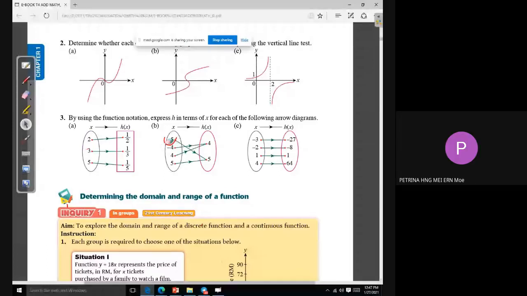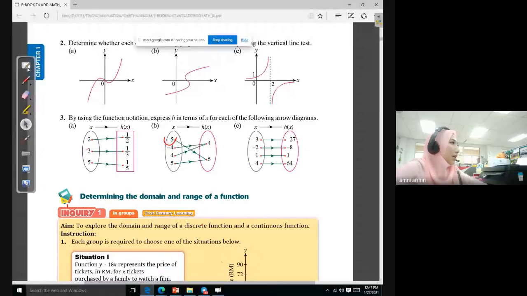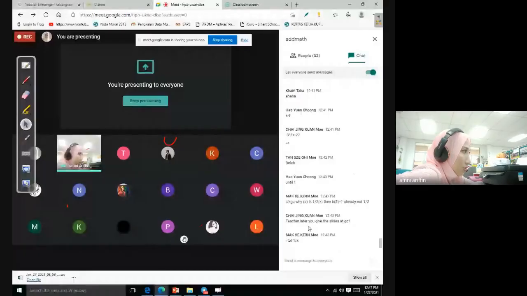Cikgu, mak Baker already asked the question I nak tanya tadi. Okay, sekejap. I tengok, tak nampak lah question dekat sini. Yes, cikgu, A is 1 over 2x. Then H2 equal to 1, already not over.